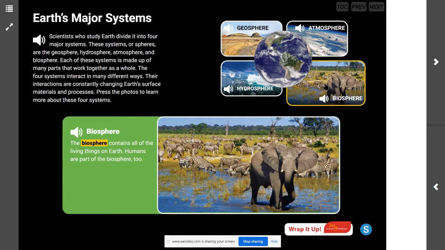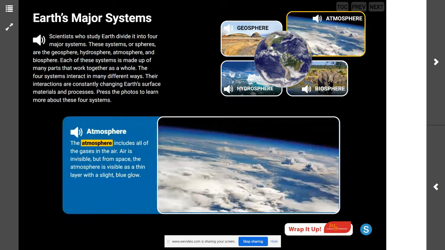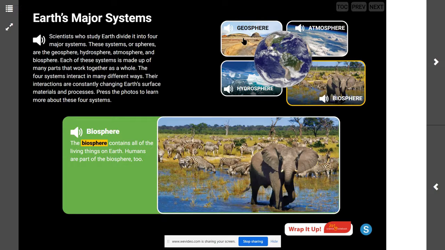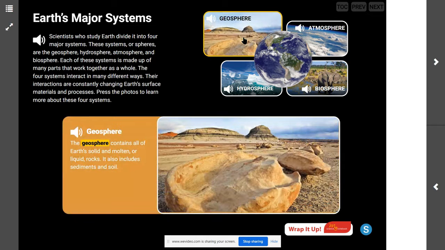And if we think about the atmosphere, we know that all of the things in the biosphere are going to need air to breathe. So they're going to need the atmosphere as a connection to the biosphere to keep life sustainable. And then, of course, where does all of this take place? It takes place on Earth, which is the geosphere.